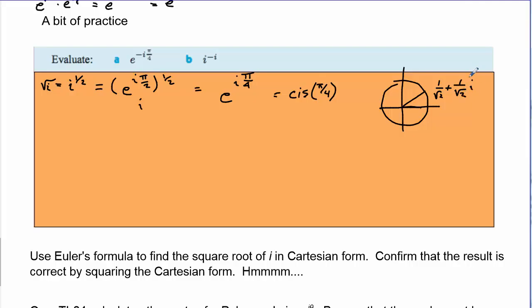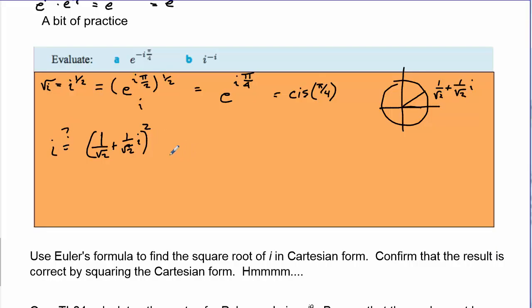So that should be the square root of i. Well, let's see if it is. We're going to confirm this result by taking 1 over root 2 plus 1 over root 2 i and squaring that and see if we in fact get i.